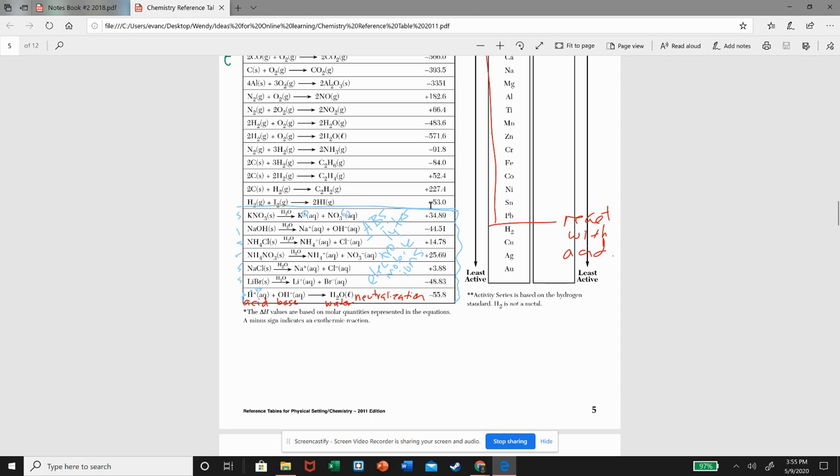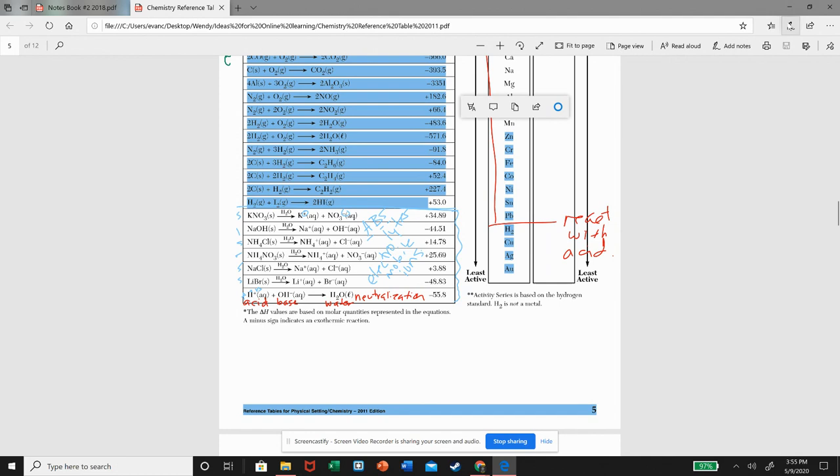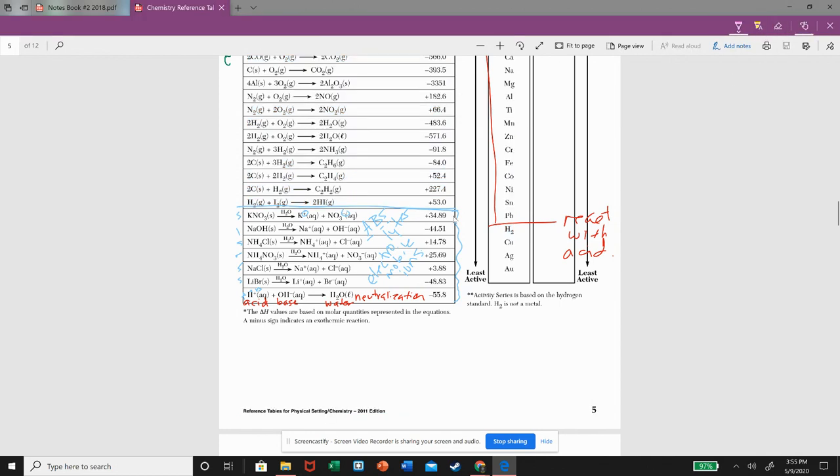All right, so these are our second set of notes to go along with our acids and bases unit. I just want to do a quick review of what we did in our last set of notes.